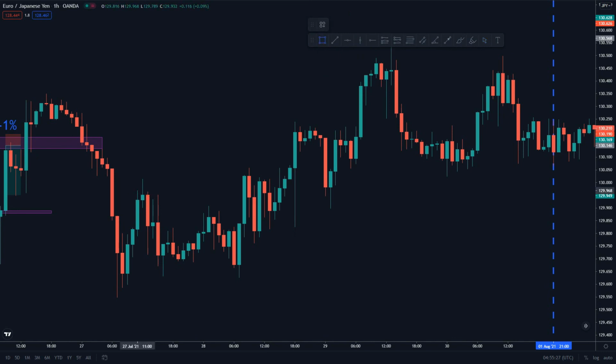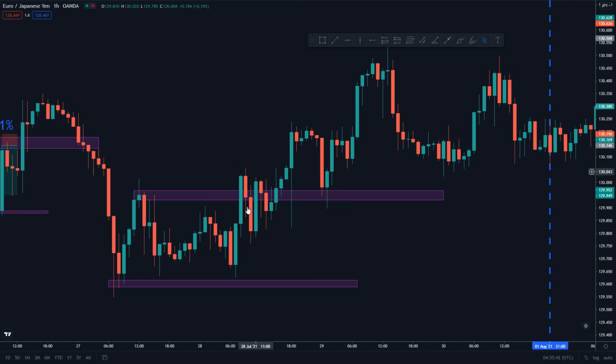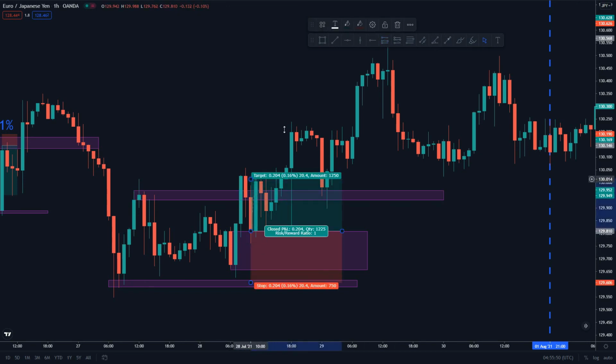Like if you identify this low, this high, and this low, beautiful. The market did not break this low, so we're now expecting it to break this, and it broke here, then came back to this order block here, and then the market went and rallied up.